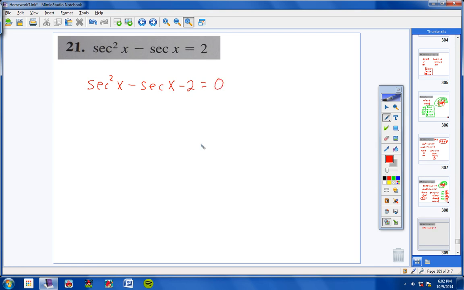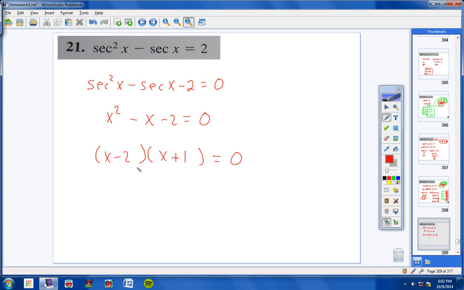And now let's try to factor this and see what happens. I would encourage you to rewrite this like it's an algebra expression. So x squared minus x minus 2. And if you were to factor that, you would get, and again, we covered this the first week of school, students, x negative 2, x positive 1, because negative 2 times 1 is negative 2.